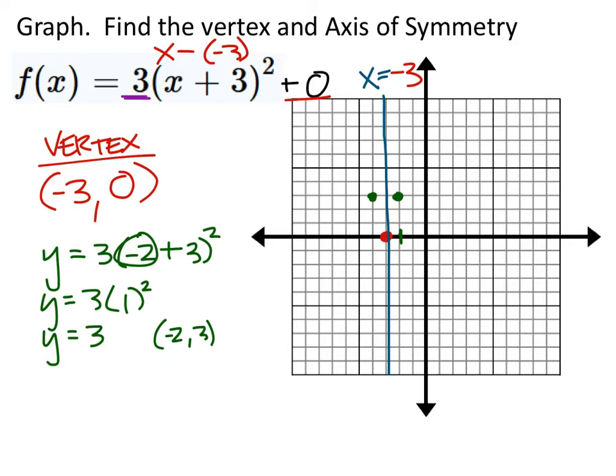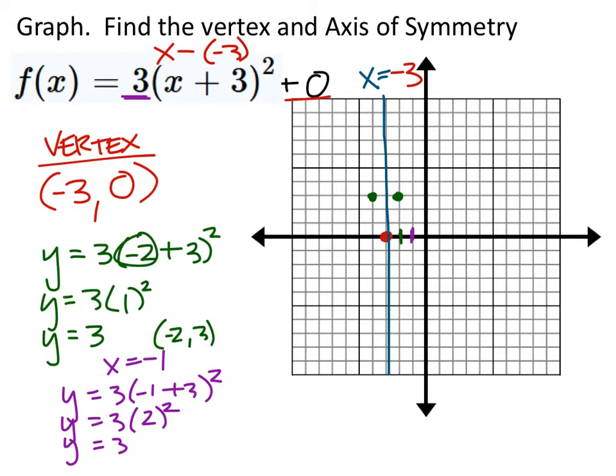All right, for the next point to the right, x is negative 1. So in the equation, I'll replace x with negative 1. I got y equals 3 times negative 1 plus 3, which is 2, and that's squared, right? So y equals 3 times 4, which is 12.